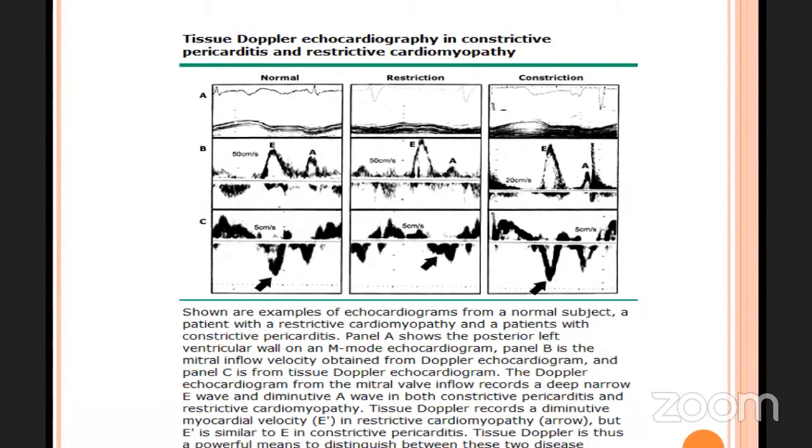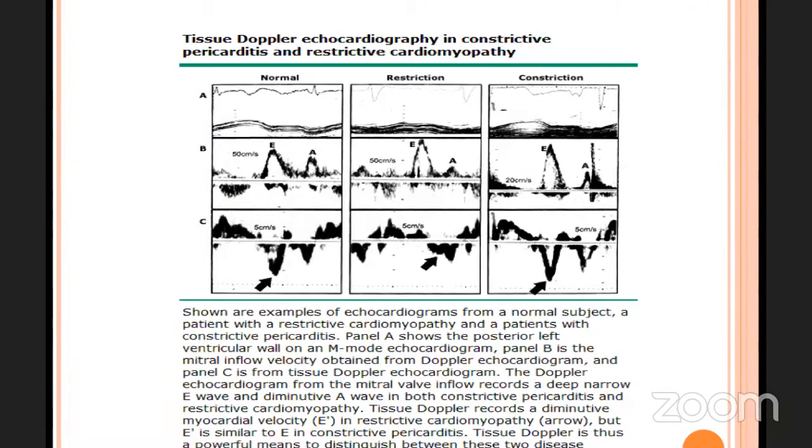Normally, this E prime is greater on the lateral side of the mitral annulus and less so on the medial annulus. But in constrictive pericarditis, the E prime is more exaggerated on the medial side and less on the lateral side.